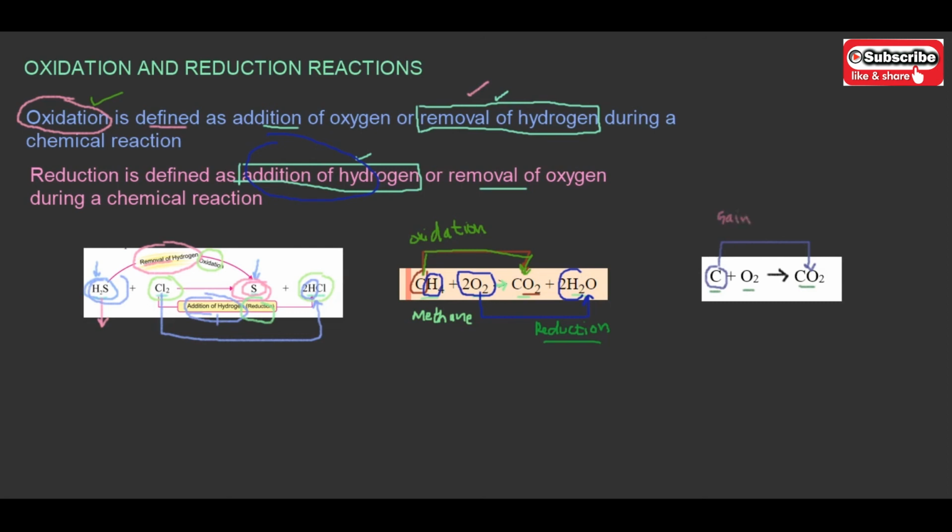So we can write gain of oxygen. What do you mean by gain of oxygen? As you can see from the definition, gain of oxygen or addition of oxygen is known as oxidation. So this is actually an oxidation reaction. So this was all about oxidation and reduction reactions in terms of addition of oxygen, removal of oxygen, addition of hydrogen and removal of hydrogen atoms.